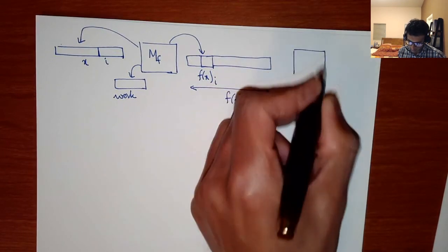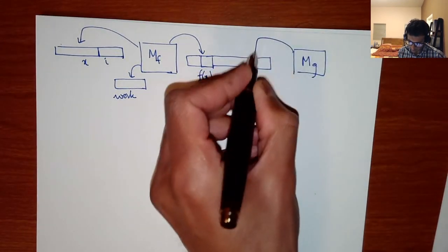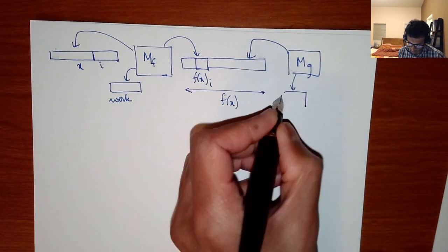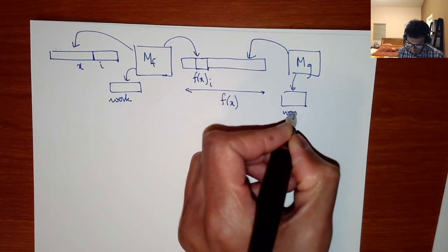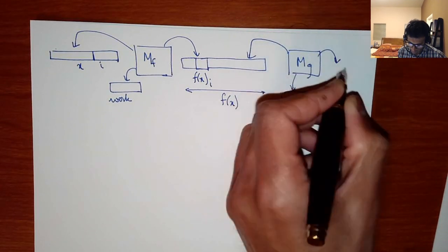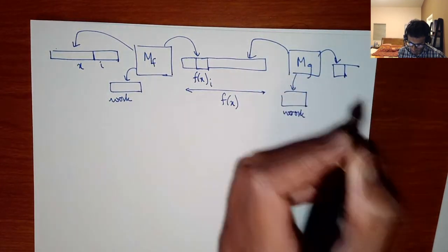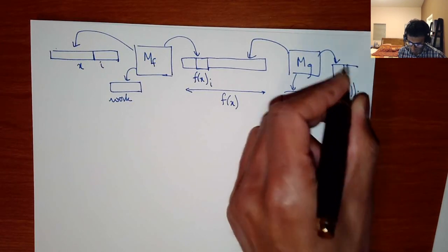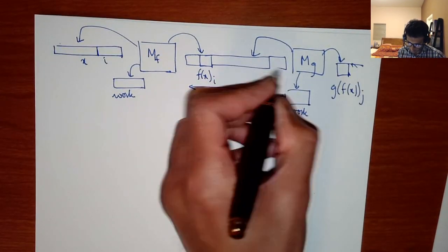And then you use m of g here. m of g is now going to read this. Once all of this has been written down, it has its own workspace. And then it would output the single bit over here, which is g of f of x of j. And over here we could append a j.